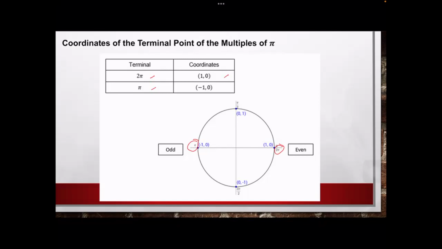Now, meron tayong i-consider na pag ang given, nagtatapos sa even, that will be 1, 0. Kapag ang given ay nagtatapos sa odd, this will be negative 1, 0. So, ano ba yung mga odd numbers? Anyone? What are the odd numbers? Yes, Borromeo. 1, 3, 5, 7, 9 po.